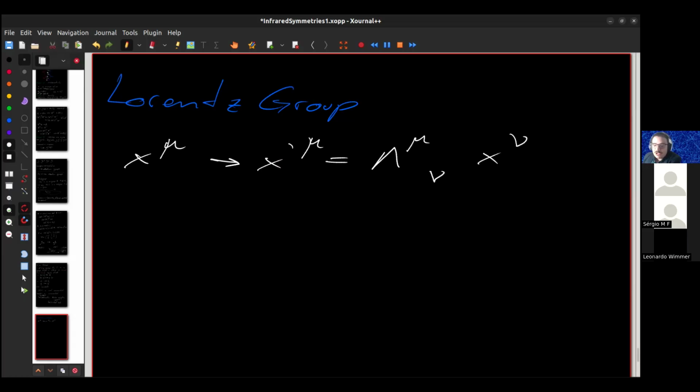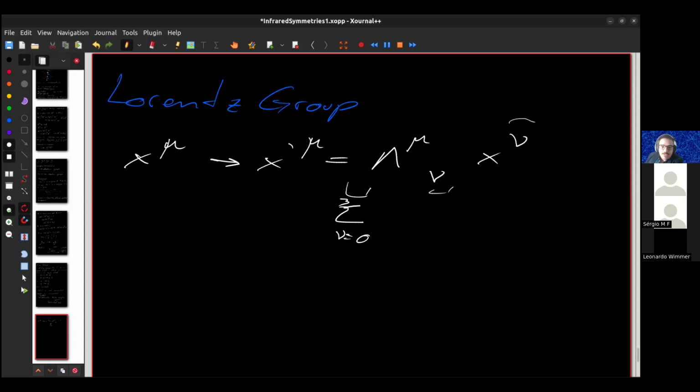Okay, so I'm using Einstein's summation notation, which means that if I'm writing twice the same symbol, one up like here and one down like here, this means that hidden in here there is a summation symbol going from 0 through 3. Okay, so we have this expression here. It is the most general linear transformation of coordinates.